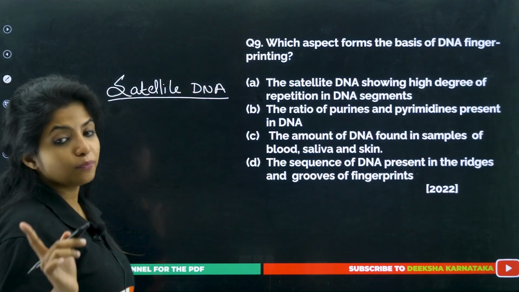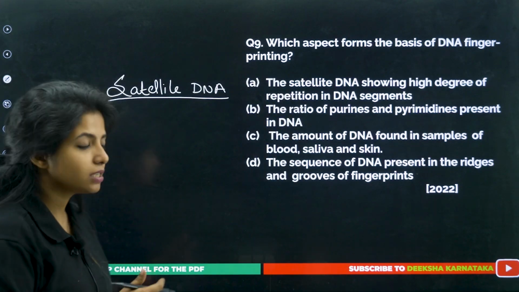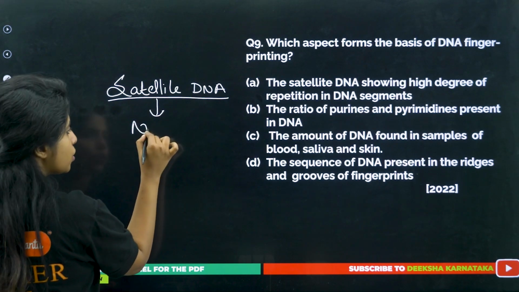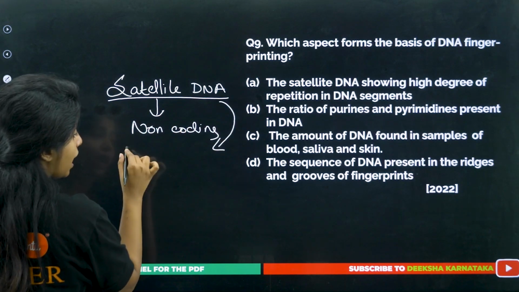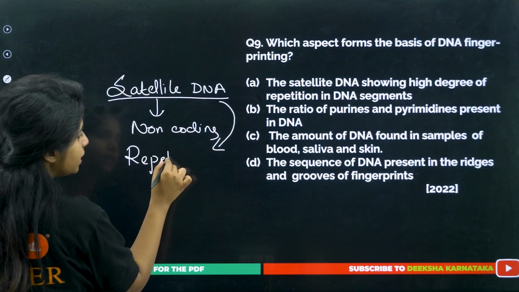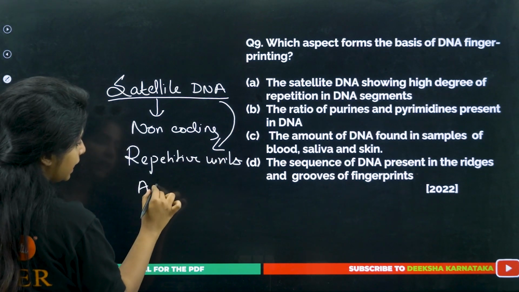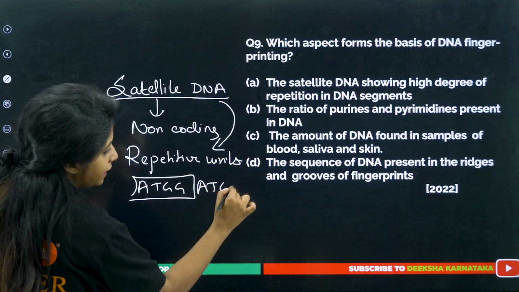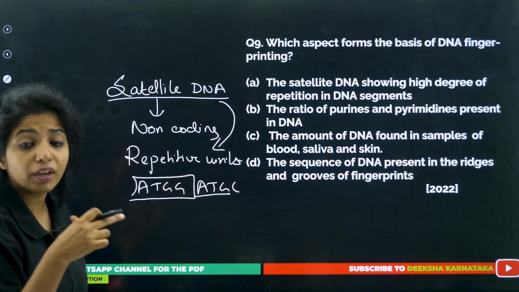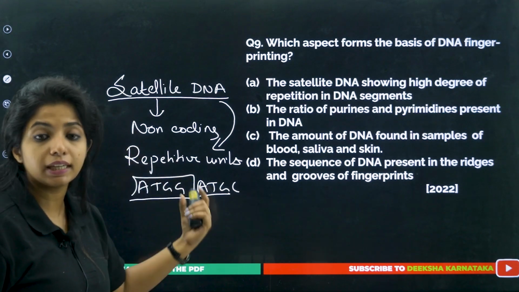The rest of my DNA might be similar to yours, but the satellite DNA is nothing but non-coding DNA, which does not code for anything and has so many repetitive units. For example, I have so many sequences of ATGC, ATGC, ATGC, ATGC. Now, I am very unique in having this particular DNA.